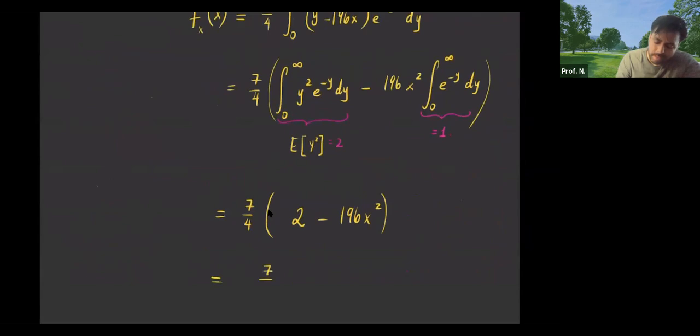So we can write this as 7/2 minus, I think 196 is divisible by 4. 196 divided by 4 is 49, times 7 is 343. So when you multiply the 7/4 and distribute it, you get 343 x squared.